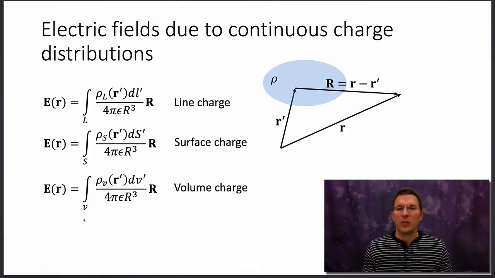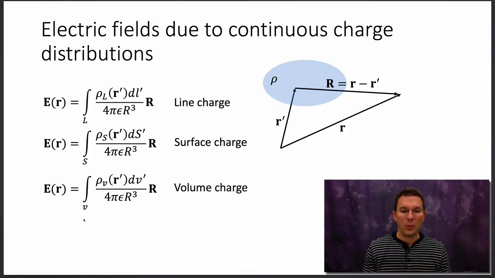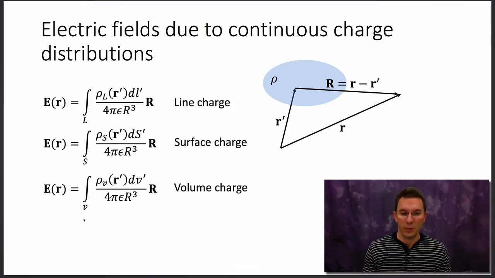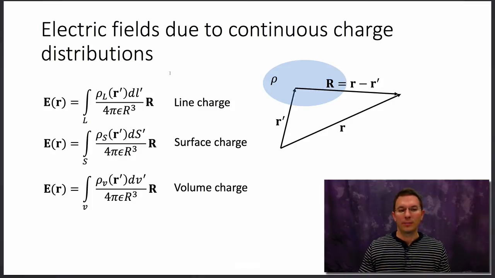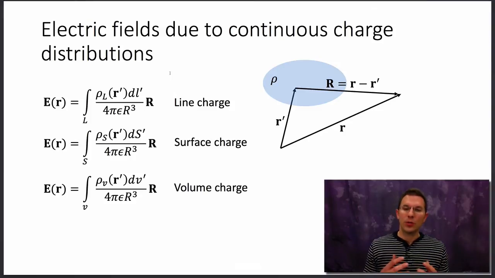Well, generally speaking, not only can we have discrete distributions like we had due to point charges, but we can also have what are called continuous distributions. A continuous charge distribution is essentially a distribution that varies continuously in space.